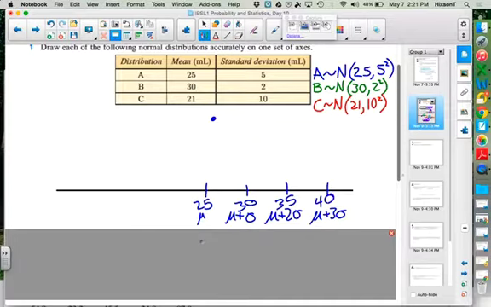Now, what happens at those values? By the time we get over to 1 standard deviation, we've come down a little bit. By the time we get to the next standard deviation, we've come down quite a bit. And by the time we're down to the 3rd standard deviation, we're really low there. And you can see here, there is half of our bell curve.